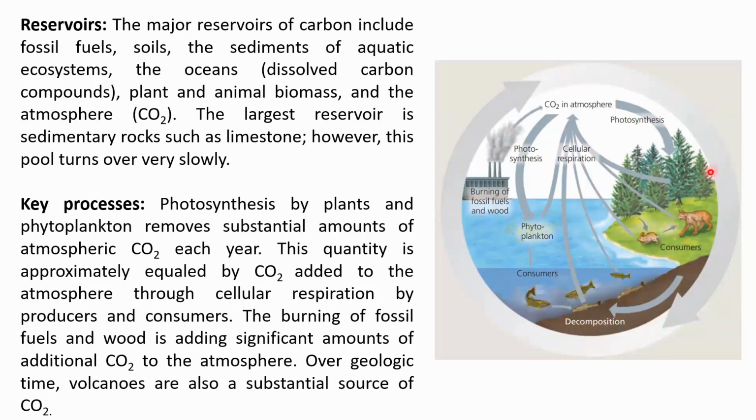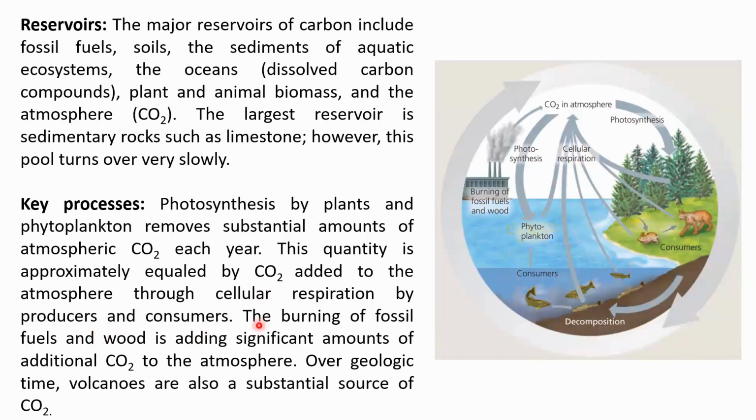These consumers then release the carbon by the process of cellular respiration in the form of CO2 back into the atmosphere, or may undergo decomposition. Once these organisms die, by the process of decomposition most of the carbon is released back into the atmosphere.